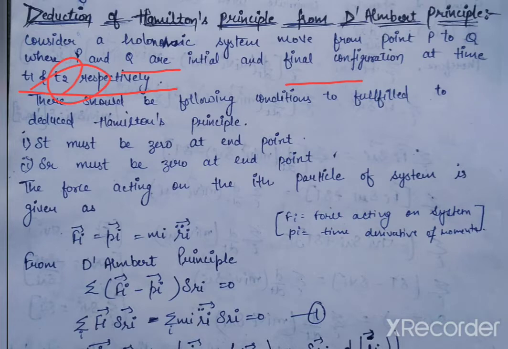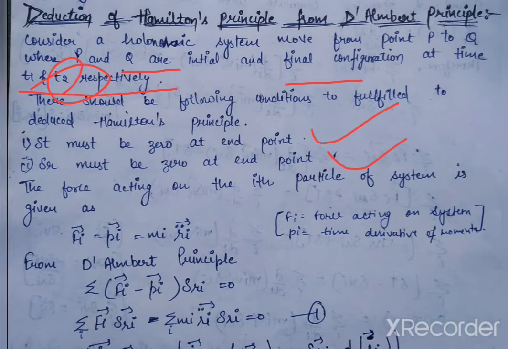To deduce Hamilton principle, there are two conditions to be fulfilled. First is δt must be 0 at the end point and δr must be 0 at the end point. It means at the end point, the change in time and the change in the position coordinate must be 0.